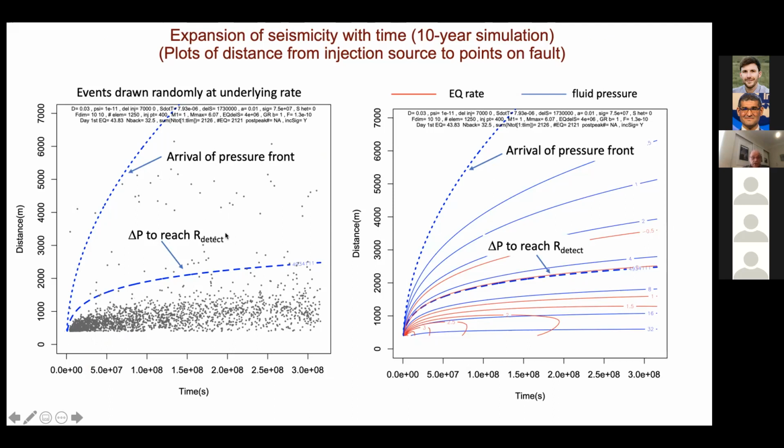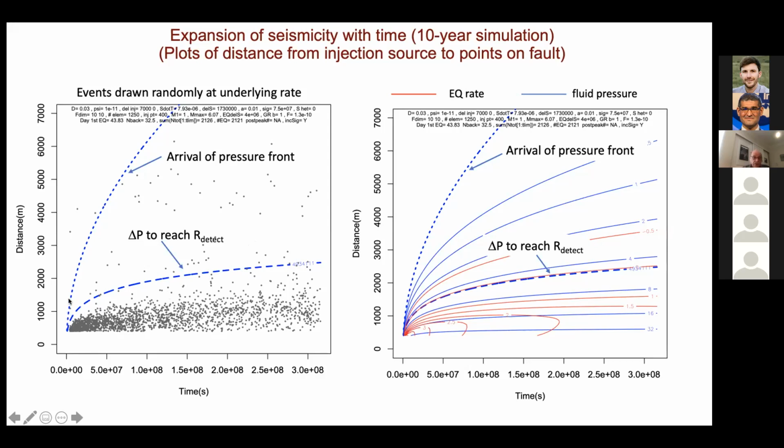Again, in the literature, there have been attempts made to use an envelope containing the observed seismicity to estimate the pressure diffusivity. I'm going to argue that that's probably not going to work, because this pressure front does depend on the pressure.